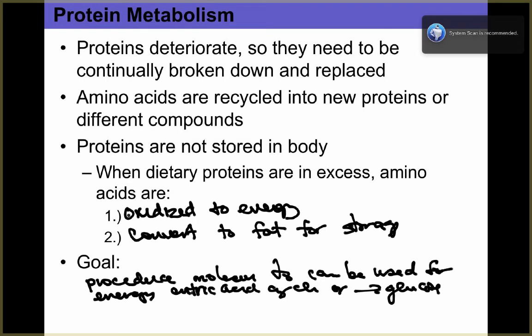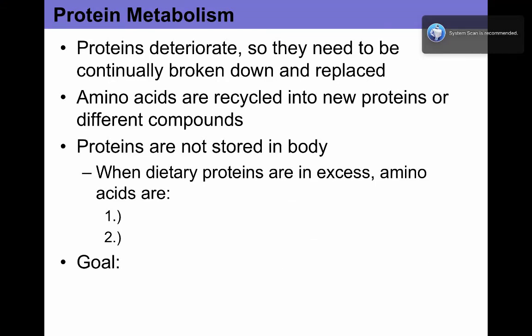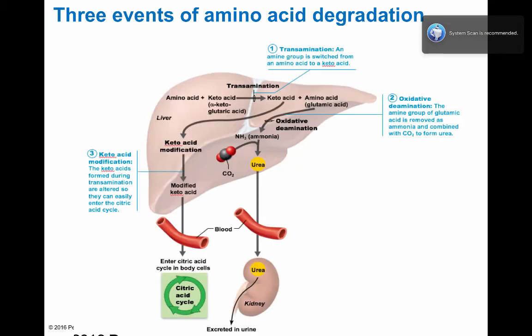How they do this is the process known as deamination. And basically, amine groups are removed and then converted to pyruvic acid or one of the keto acid intermediates that you see in the citric acid cycle.